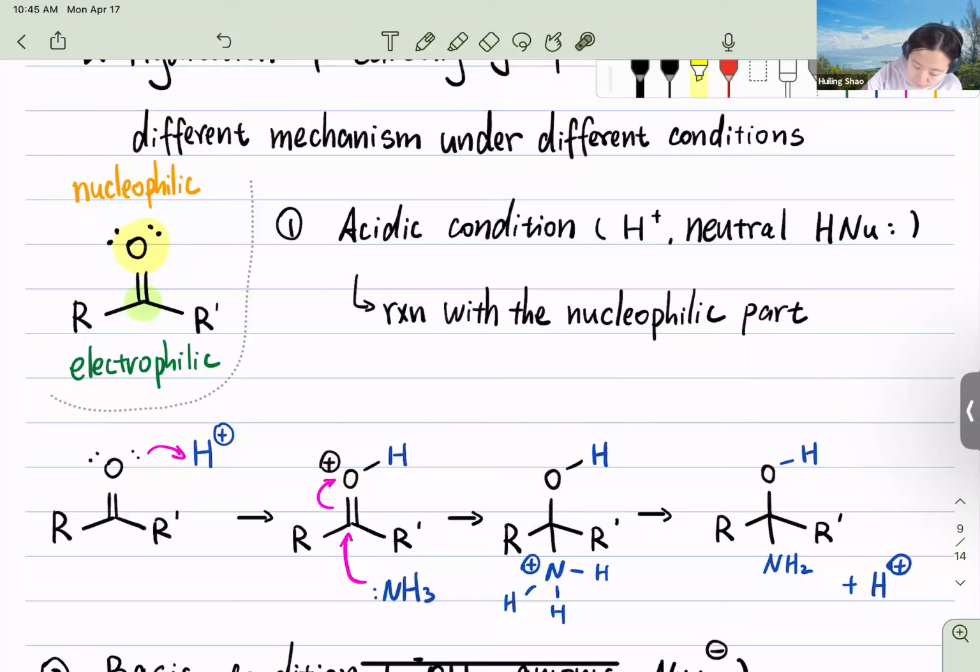What we end up with is a species like this. We also call it a tetrahedral intermediate. And the last step here is we're breaking the NH bond, and we're regenerating our H plus. So this one is called the acid catalyzed nucleophilic addition or hydration.